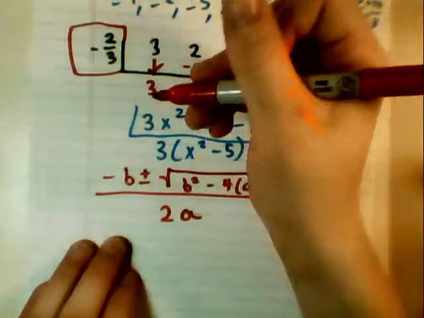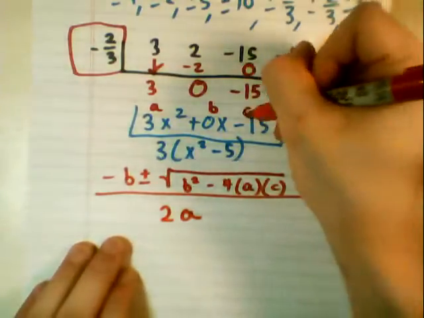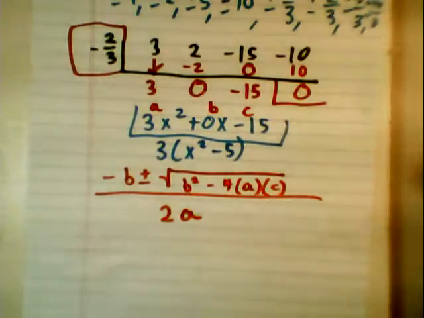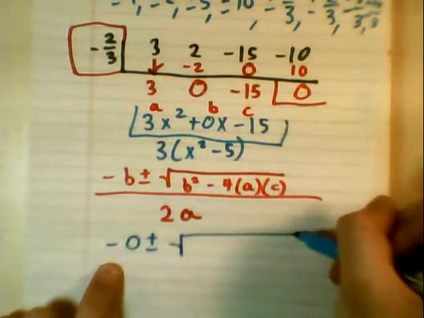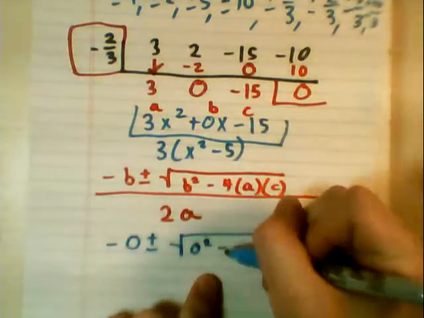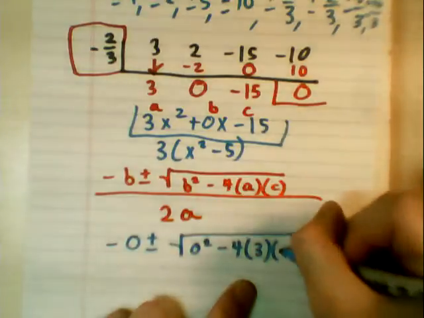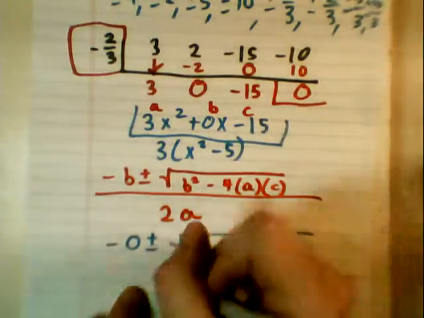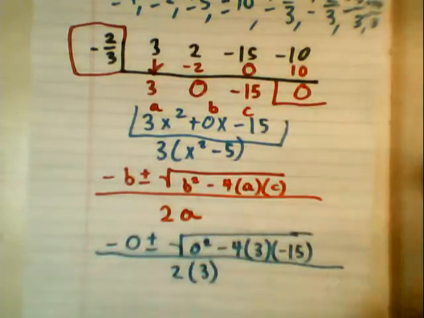Remember, the 3 is our a, the 0 is our b, and the negative 15 is our c. So let's plug that in. We have negative 0 plus minus the square root of 0 squared minus 4 times a, 3, times c, negative 15. That's all divided by 2a, where a is 3.